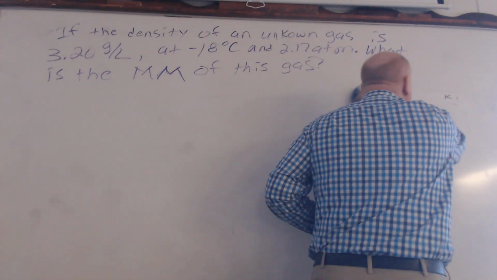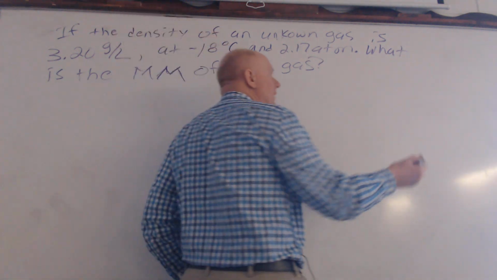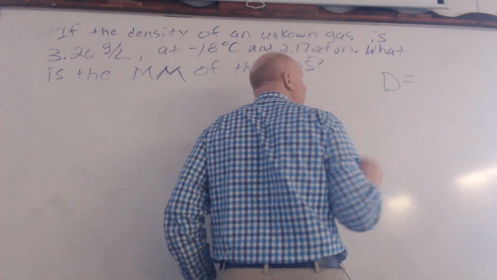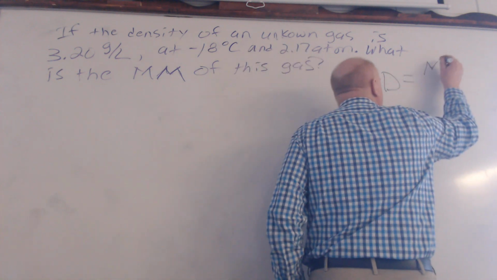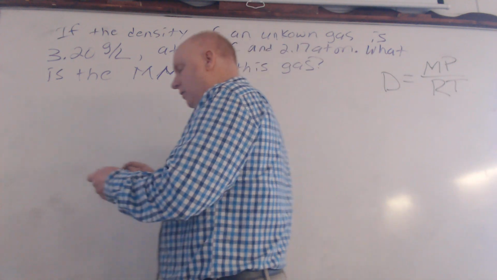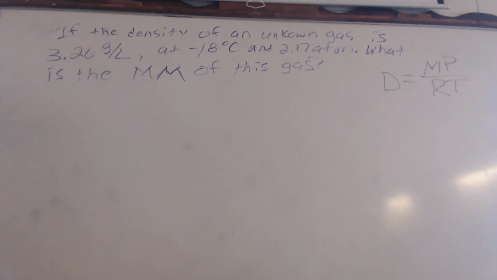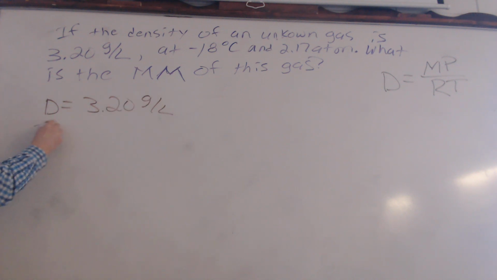All right. So, what is the formula for density of gases? MP over RT. Okay, so what do we know in this problem then? D is 3.23. T is 255.